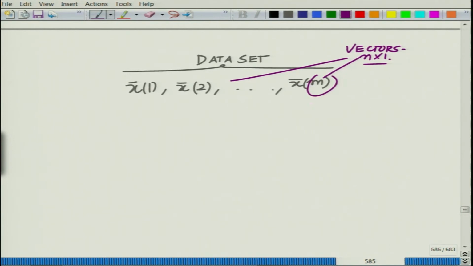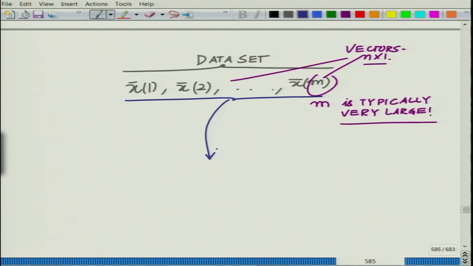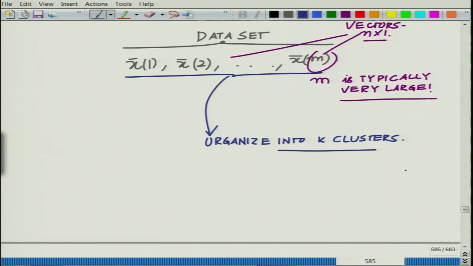Typically m is a very large number, and now we wish to organize this data. The aim is to organize this into k clusters.